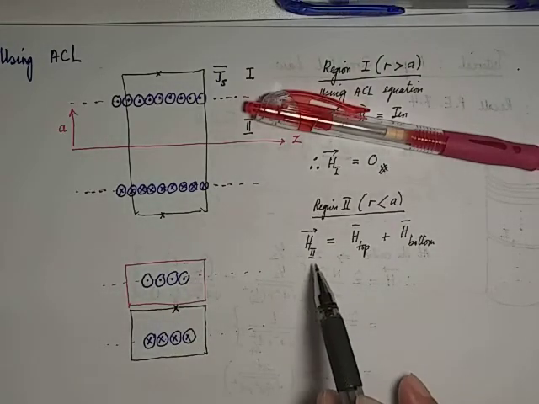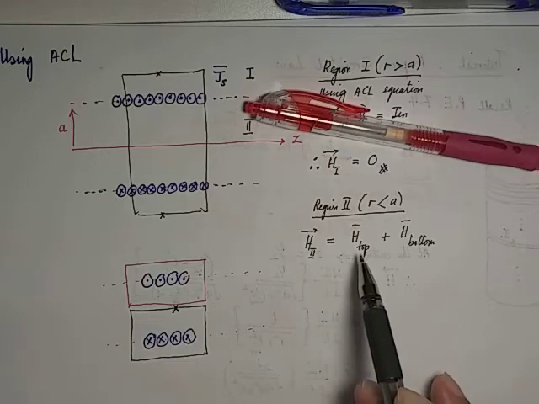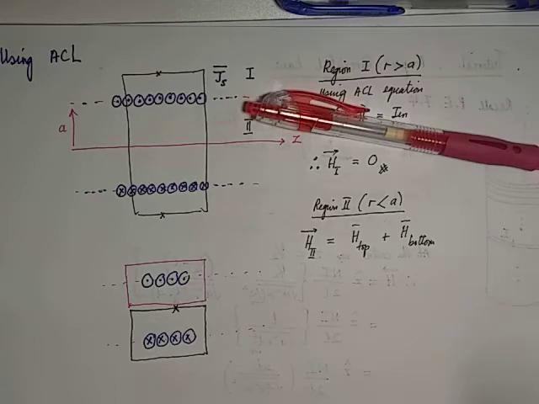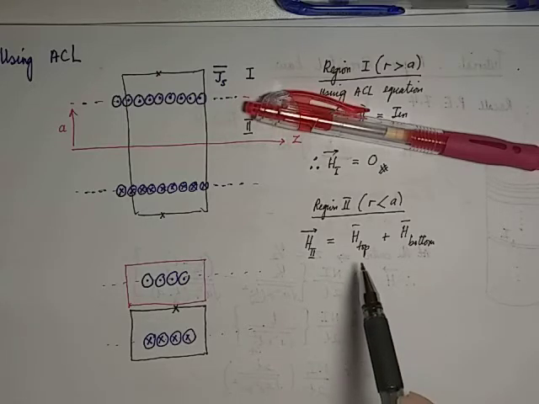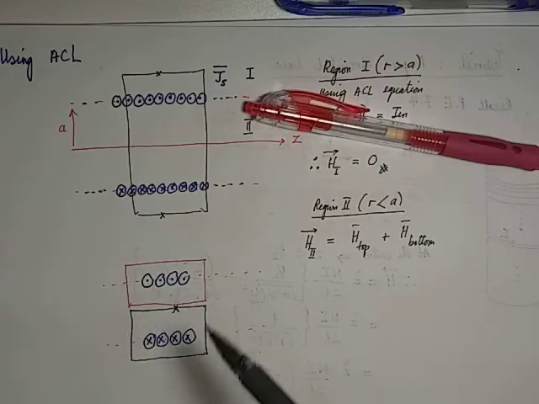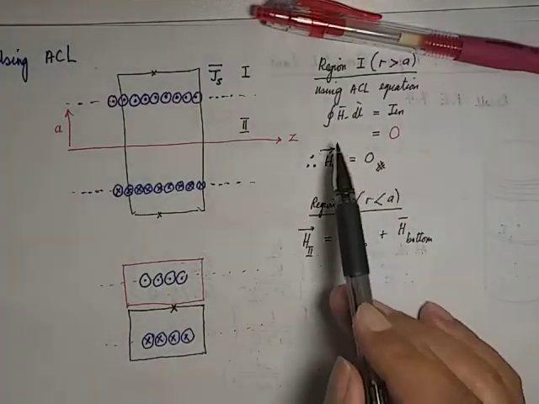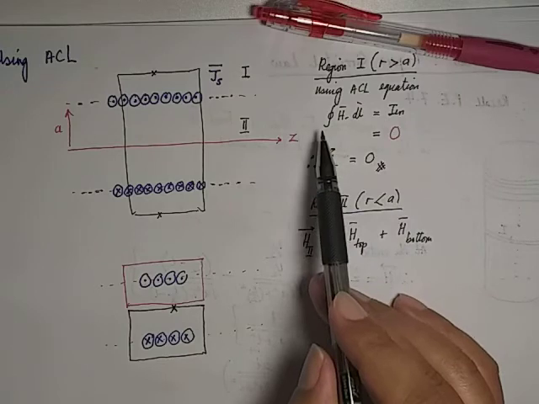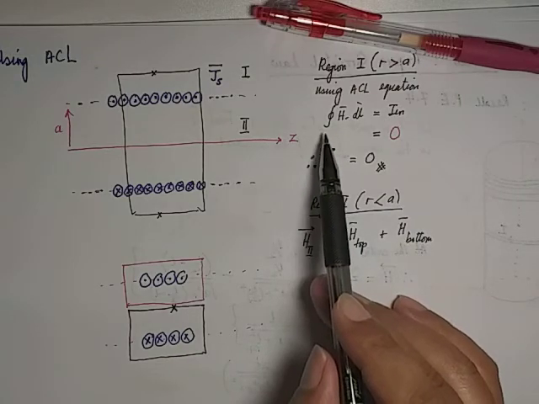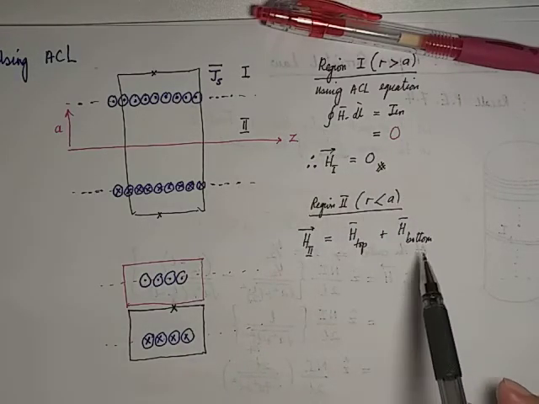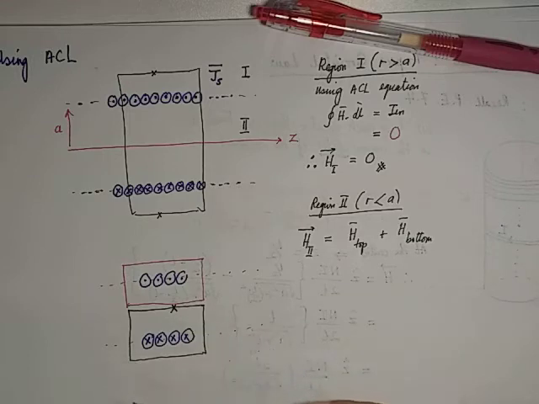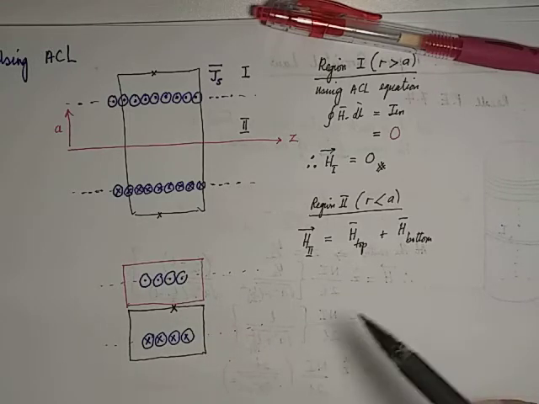Therefore, H in region number 2 is the summation of H top plus H bottom. We can find H top by repeating the mathematics shown above as one method, meaning I have to solve the mathematics for the upper Ampere loop and get the solution, then repeat for the lower Ampere loop and get the solution, and then add them together.